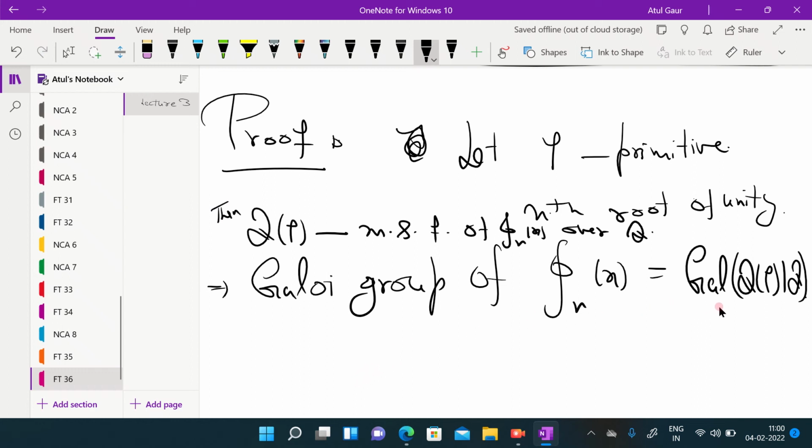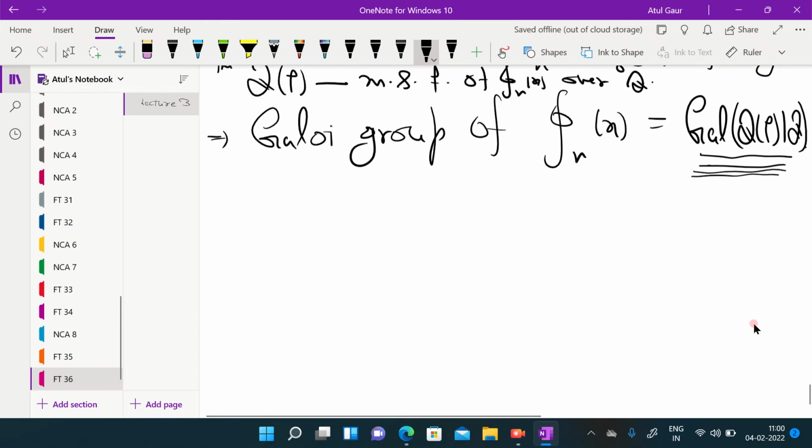So this group I want to show that it is isomorphic to Un.